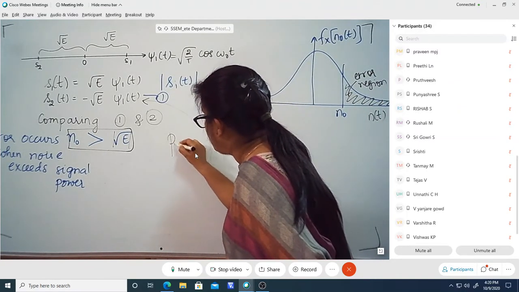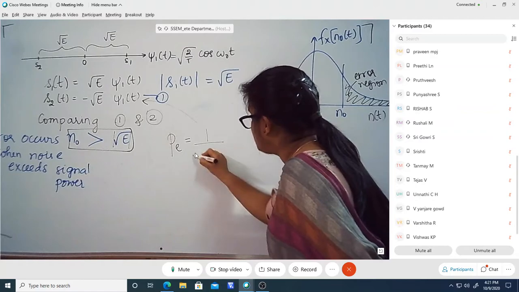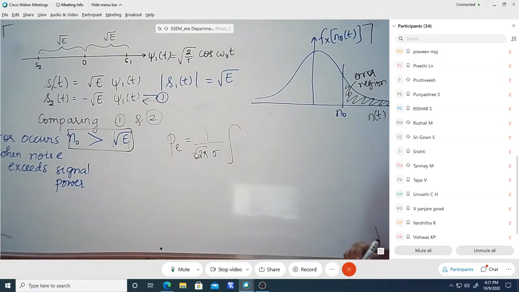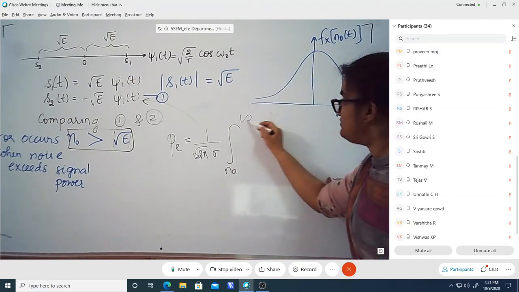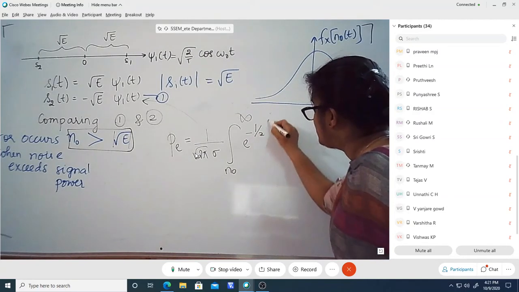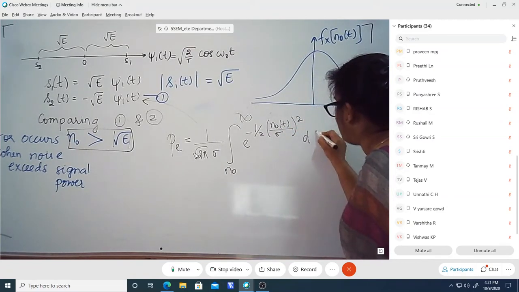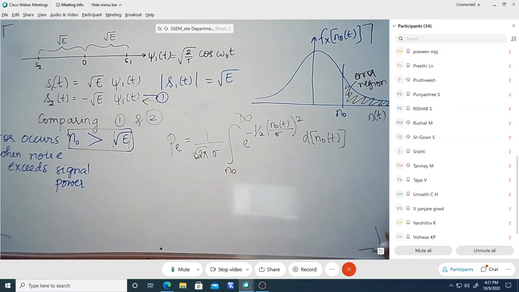So, the probability of error PE is written as 1 by under the root 2 pi into sigma, integral over the error causing region, n0 to plus infinity, e raised to minus half into (n0 of t by sigma) whole square dn0, because this is the random variable that we have. So this is how we are going to find out the error probability.